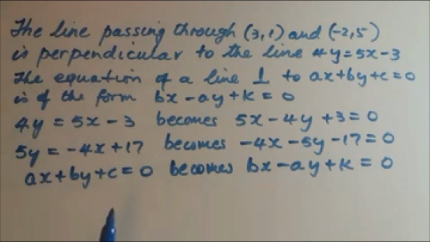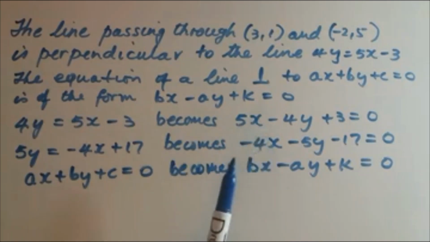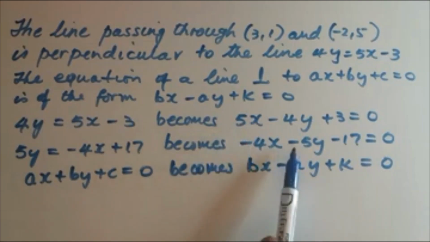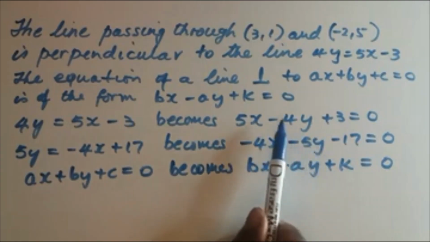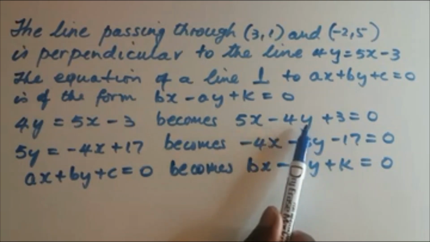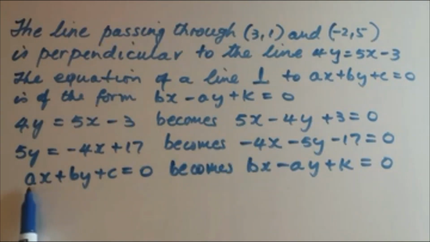If we look at this as the first, we have a being 5, and we can see it's switched to -a as the coefficient of y. We have b being -4 as the coefficient of y, and now it becomes -4 as the coefficient of x. You can verify that by looking at how a changes to -a, and b switches to the coefficient of x.